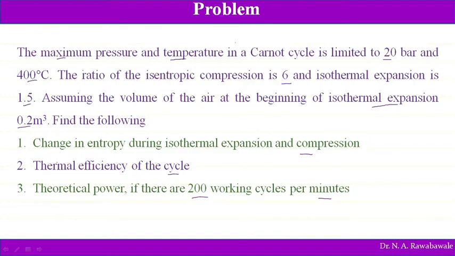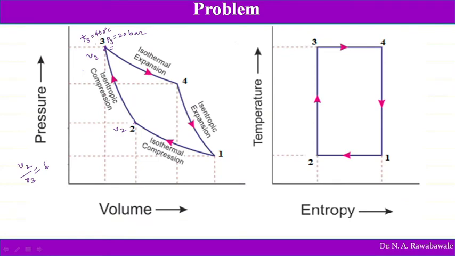Then the isothermal expansion ratio is 1.5. Isothermal expansion starts from point 3 to 4. This ratio V4 divided by V3 is known as the isothermal expansion ratio, and it is given as 1.5 in this problem.